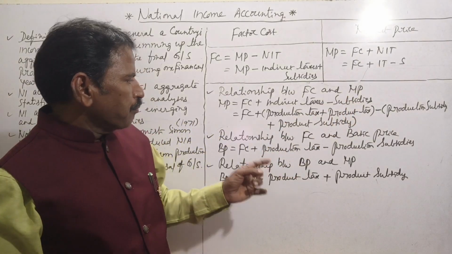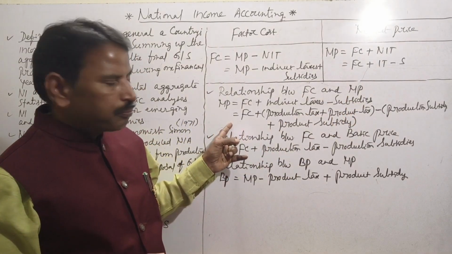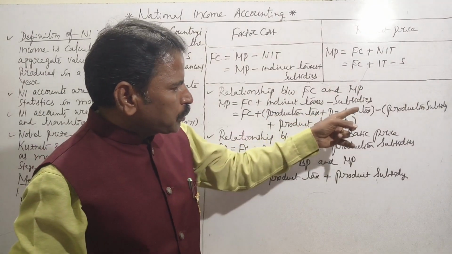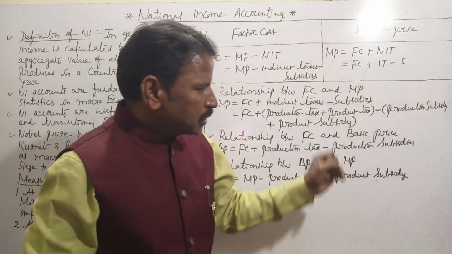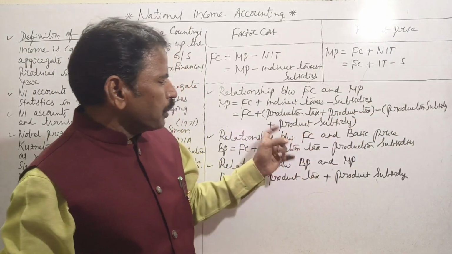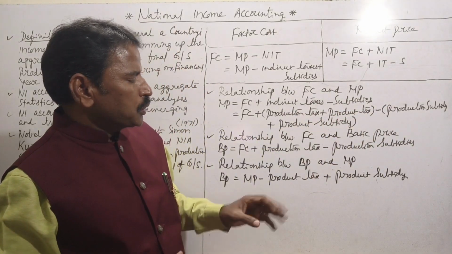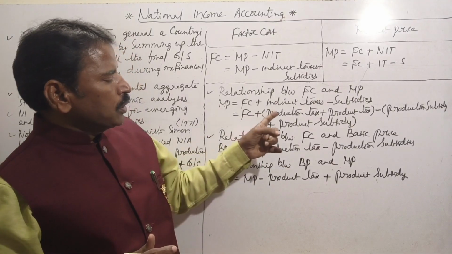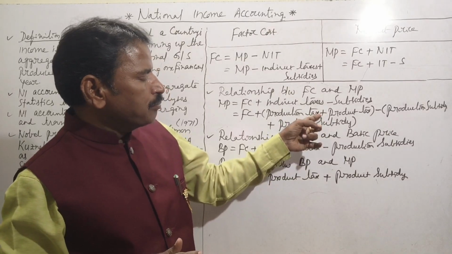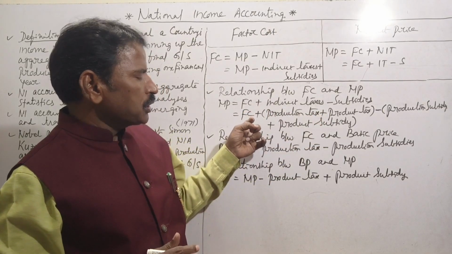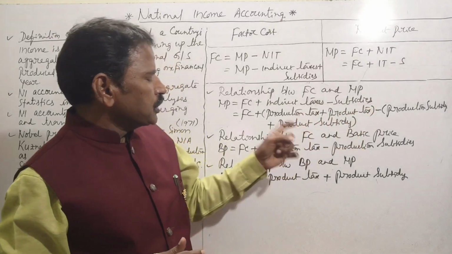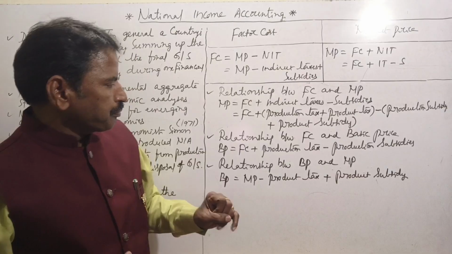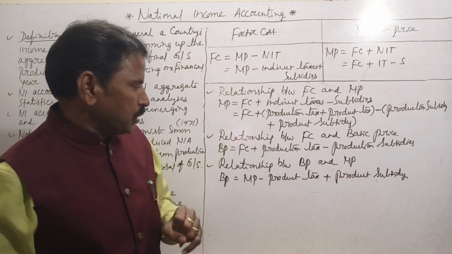In other words, market price is equal to factor cost plus production tax plus product tax minus production subsidy minus product subsidy. So both taxes are added to the factor cost, and both subsidies are subtracted. Then you will get market price.